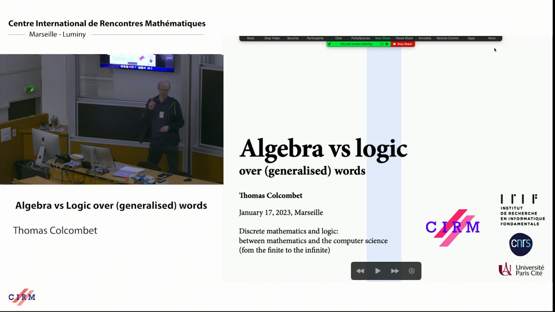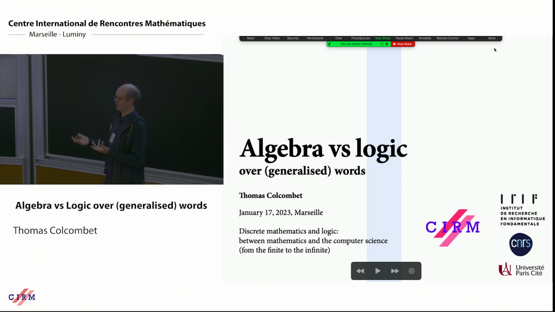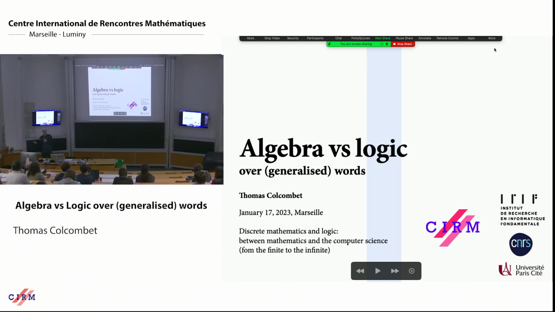This talk is called algebra versus logic, but it should be algebra and logic, and they are not fighting, but having a beer together. This talk follows a track of research that stemmed from language theory and the notion of regular languages, with two points of view: the one from algebraists and the one from logicians.